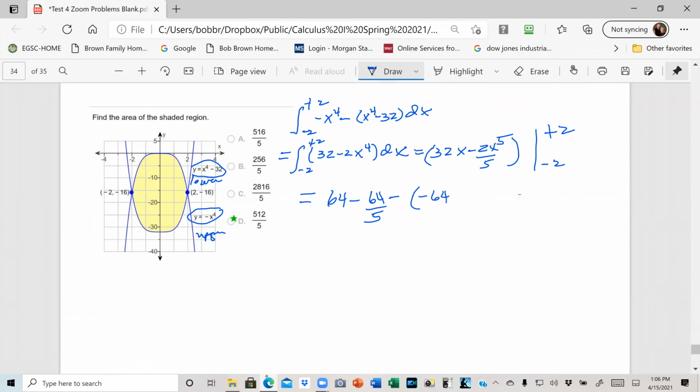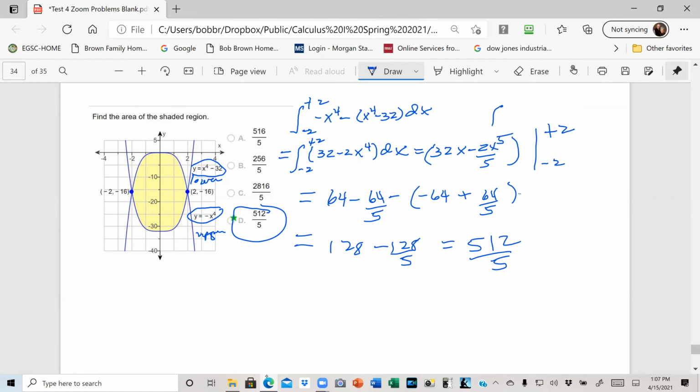And then plugging in minus 2 here, we get plus 64 fifths. And this is going to be 128 minus 128 fifths, which is 512 fifths, which is the area between these two curves.